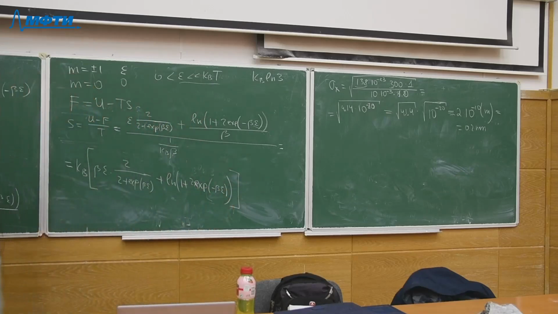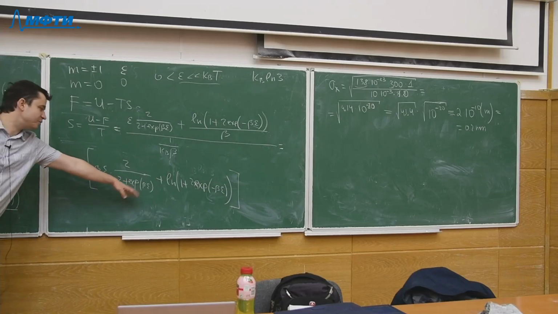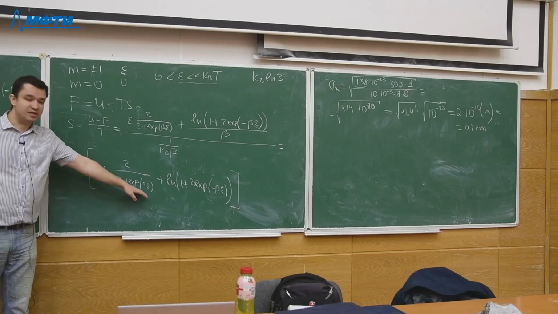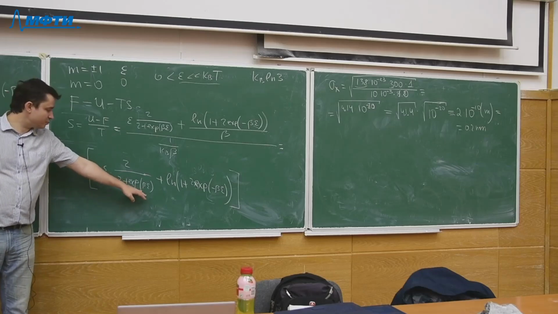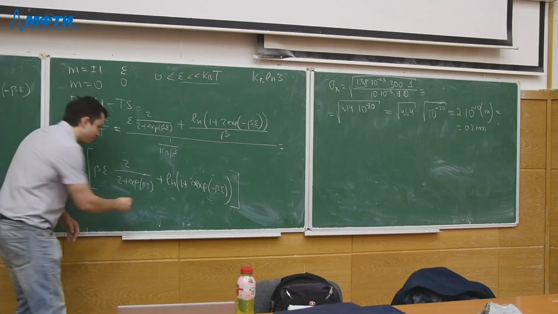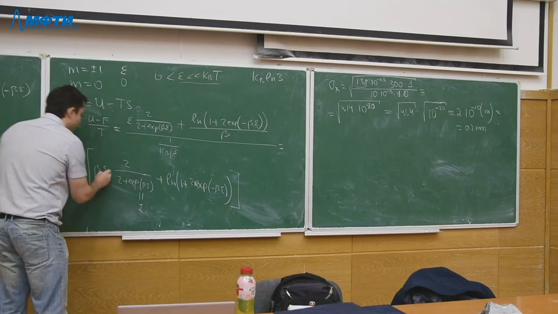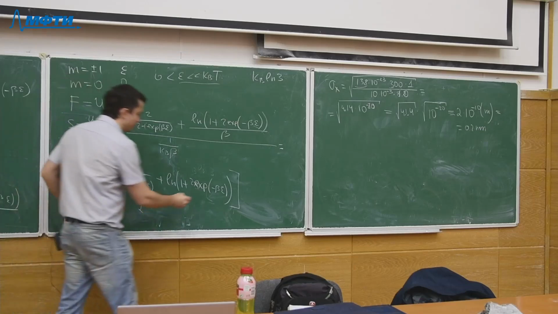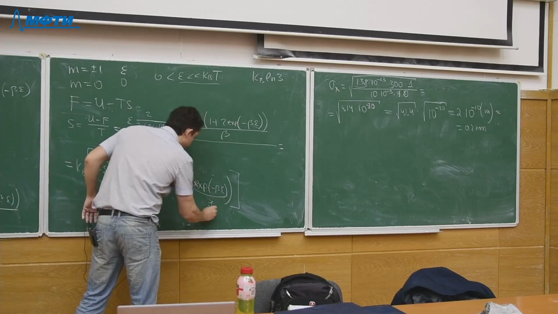Then brackets closed. Now I'm going to calculate this in the limit of beta epsilon much less than 1. If I take beta epsilon approaching 0, then this exponent would become equal to 1. But this would be equal to 0. This exponent would be equal to 1.